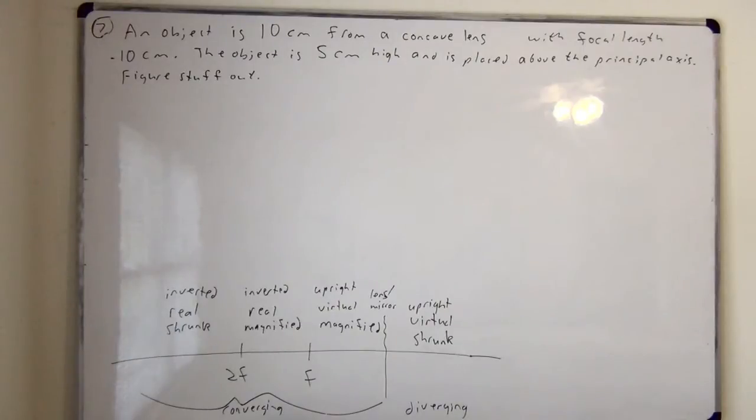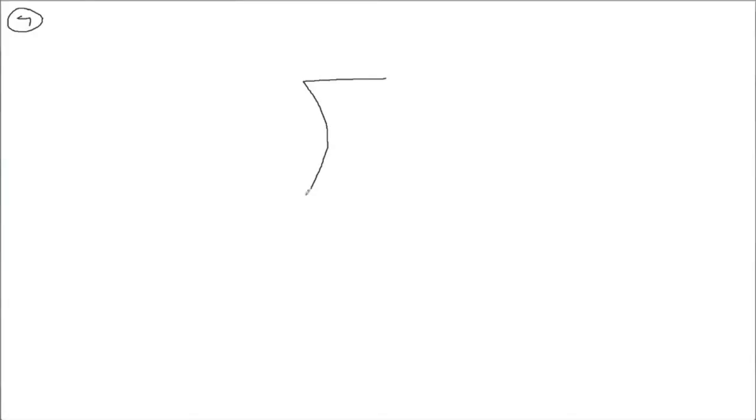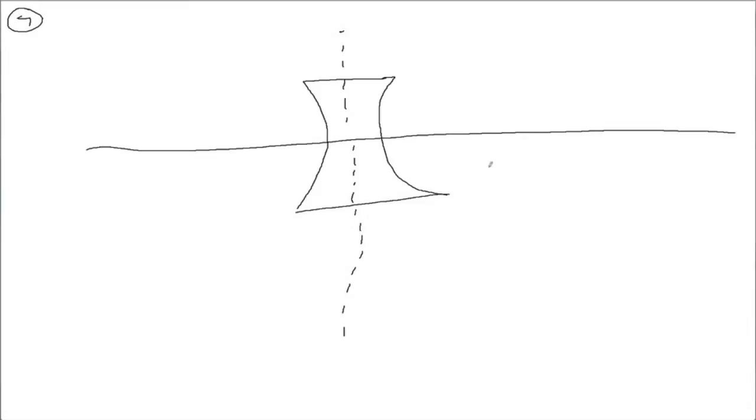So it's going to look like, so it's 3%. Like that-ish. That sounds good. And then it's 10 centimeters from the concave lens.